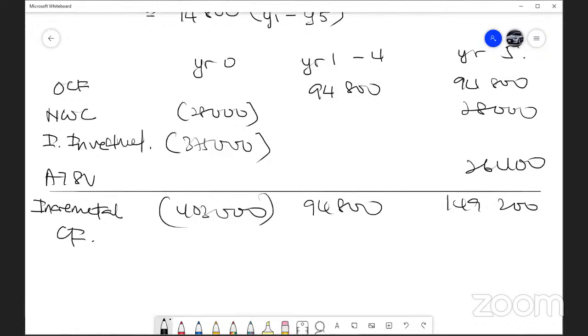Key into your calculator and compute NPV. F01 4 times, C02, F02 1 time. Interest is 10%.